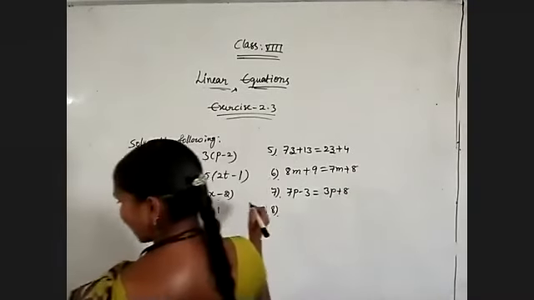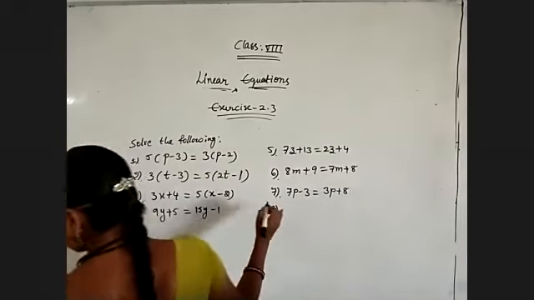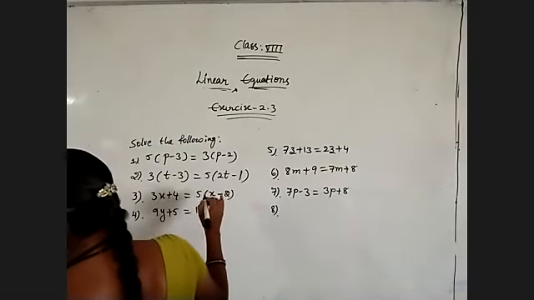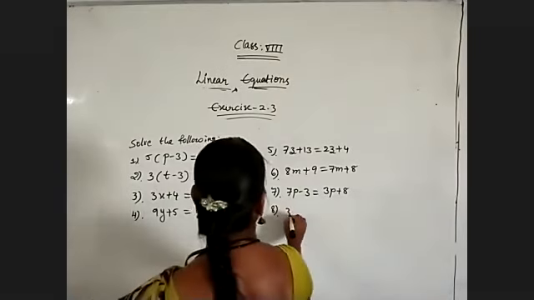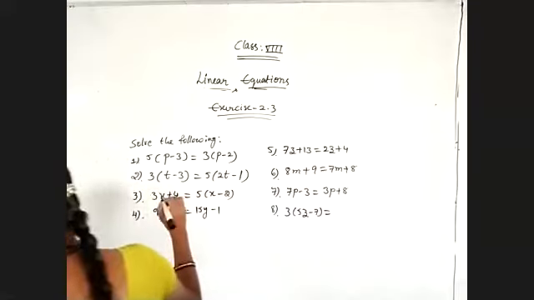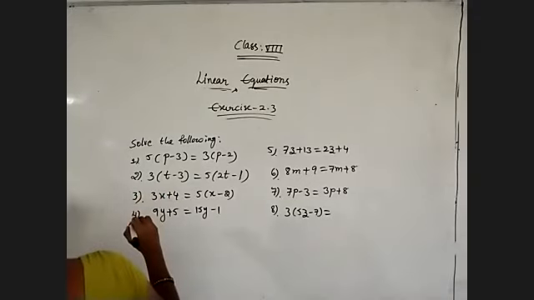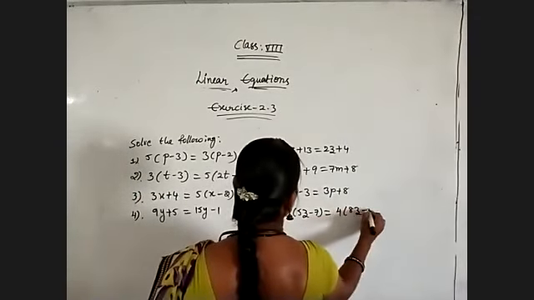And eighth problem is 3 into 5z minus 7 is equal to 4 into 8z minus 7.